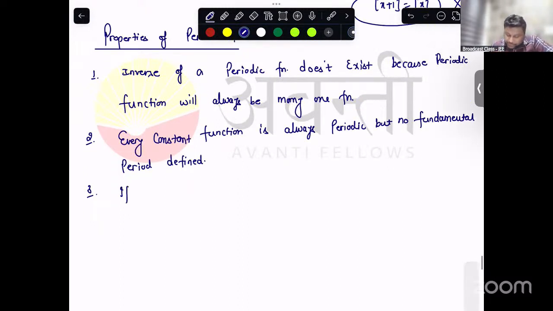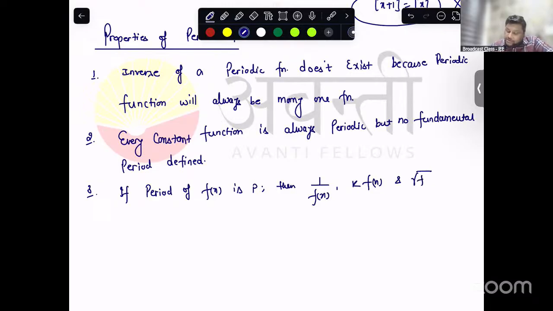Now, if the period of f(x) is p, then 1 by f(x), k f(x) like 2f(x) or 3f(x), and under root of f(x) will also have period p. Am I correct?